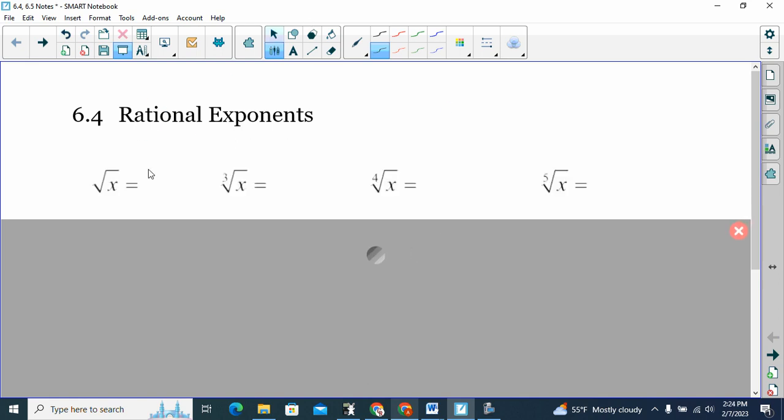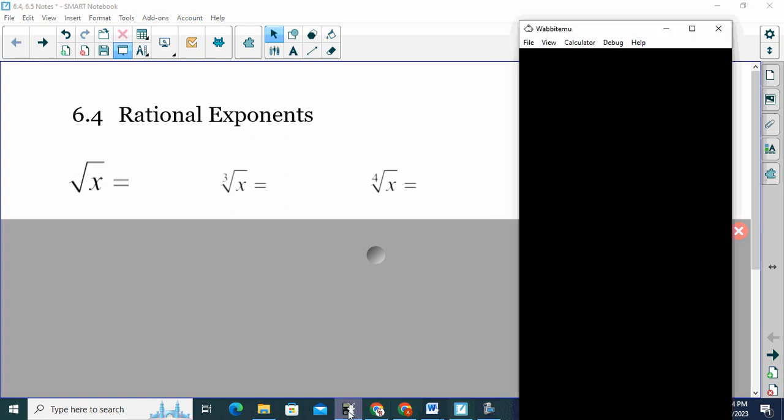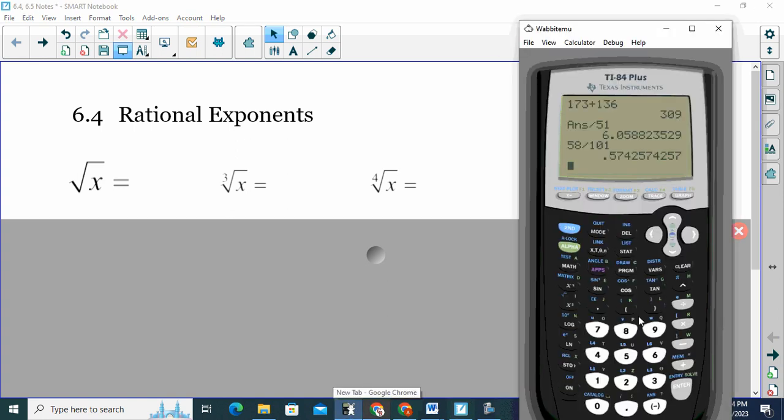So first thing we need to do is take a look at the square root of x is the same thing as an exponent. On your calculator, let's type in 9 to the 1/2 power. Notice 9 to the 1/2 power gives me 3. If we did 25 to the 1/2 power, I'm getting 5.